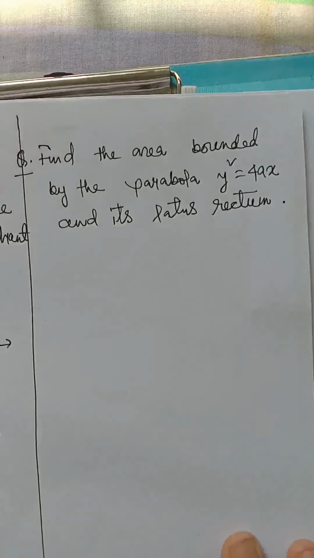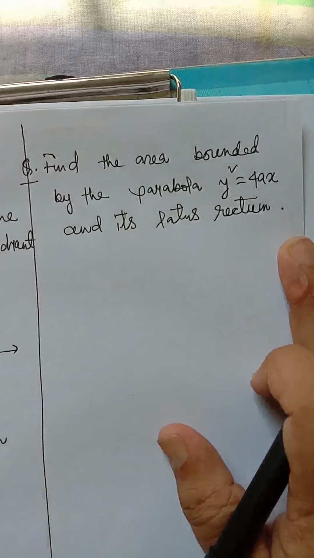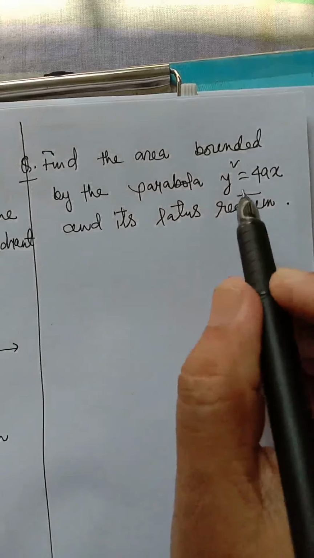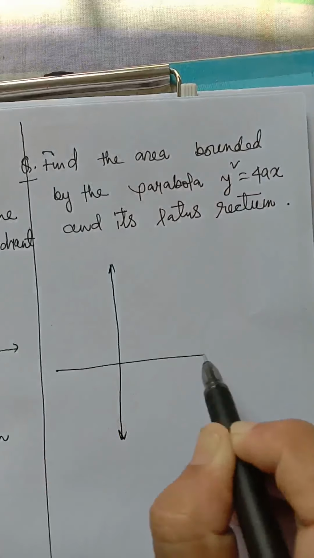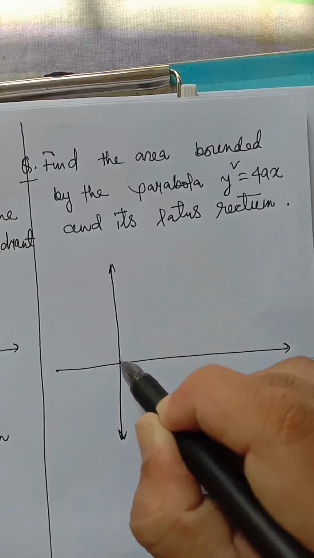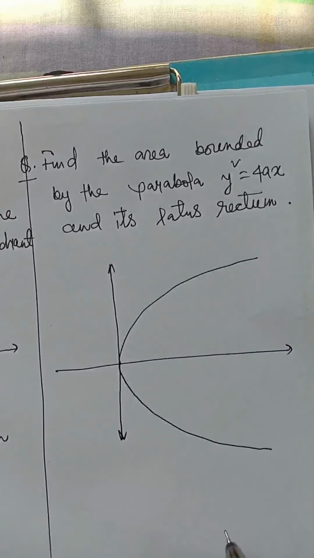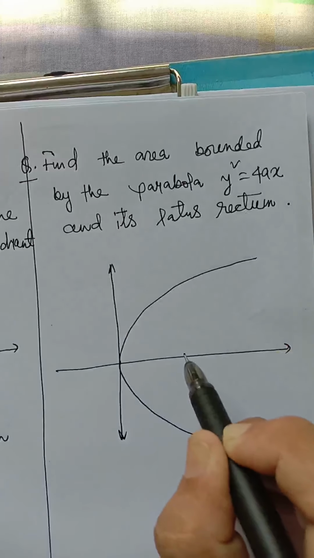Next, to find the area bounded by the parabola y square equal to 4ax and its latus rectum. First of all, we will draw y square equal to 4ax. This is the standard parabola y square equal to 4ax. Latus rectum is a chord which passes through the focus.